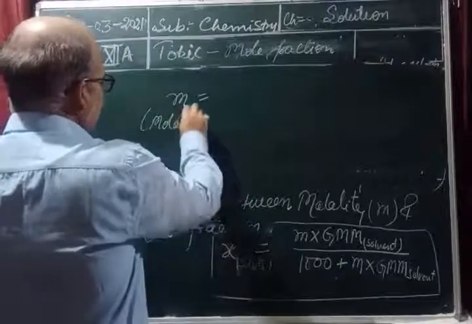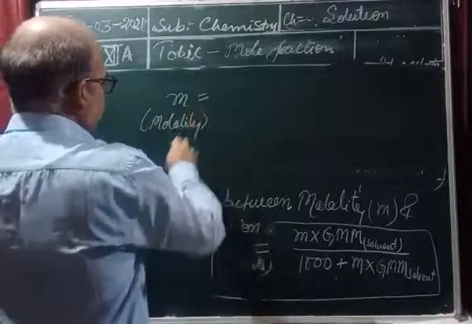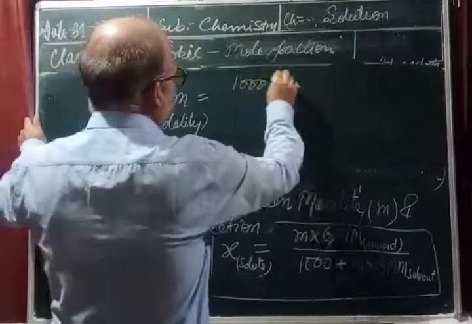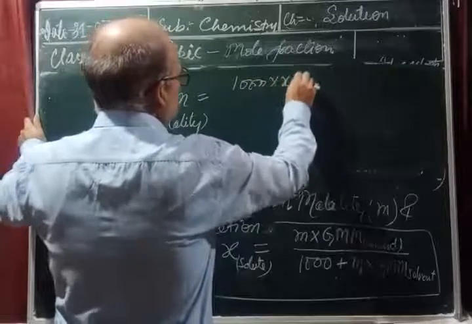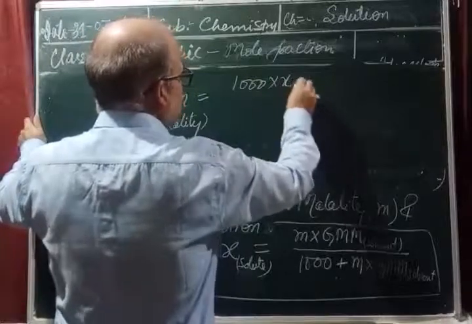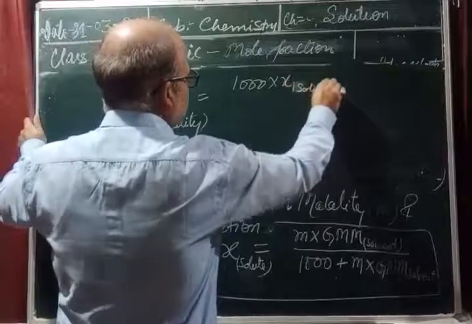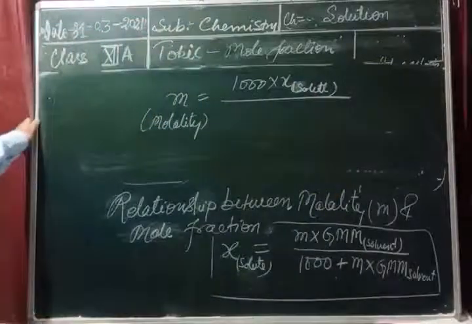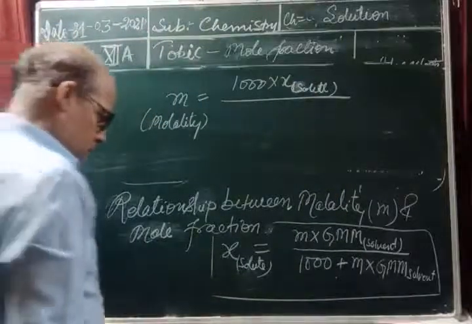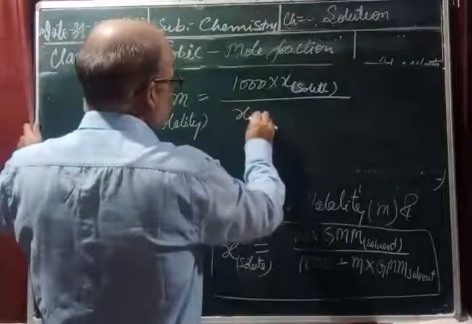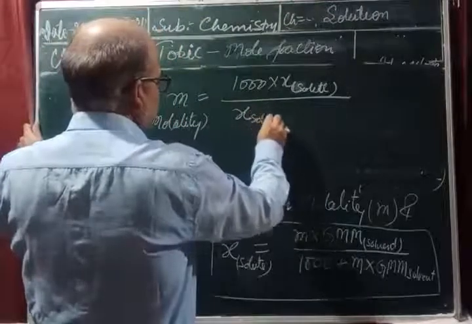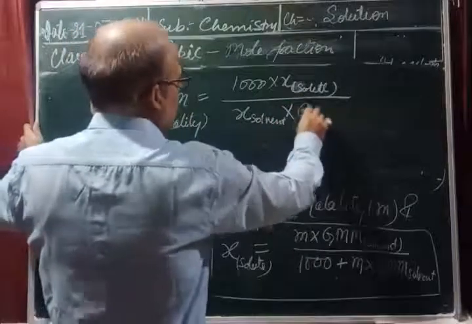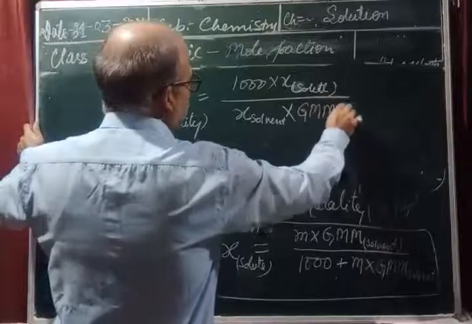This one is the molality, and this is 1000 into mole fraction of solute, divided by mole fraction of solvent into gram molecular mass of solvent.